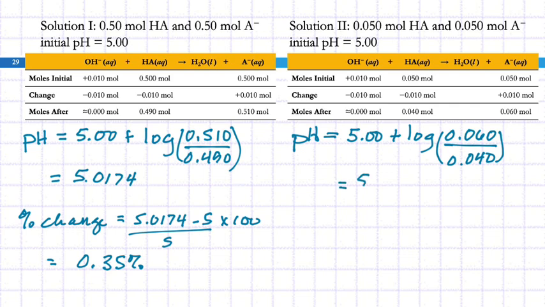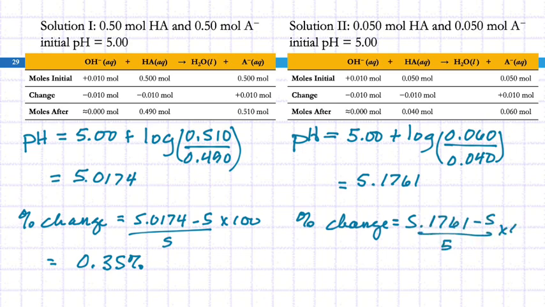And this changes to 5.1761. Which is 3.5%.